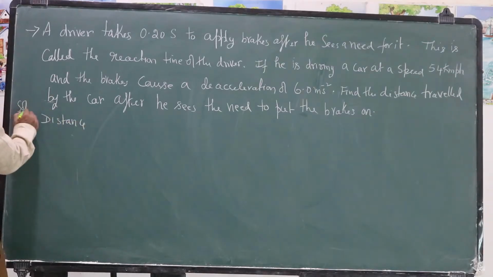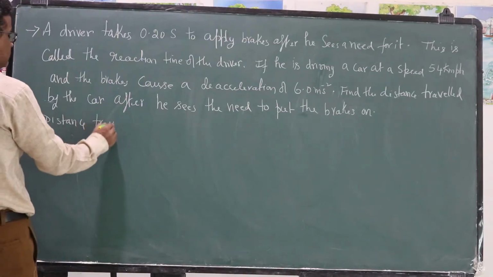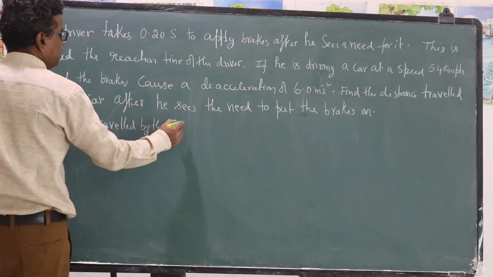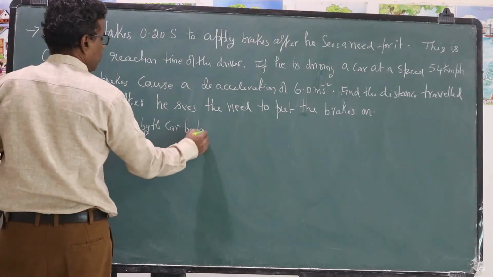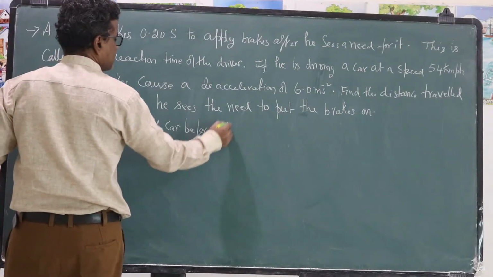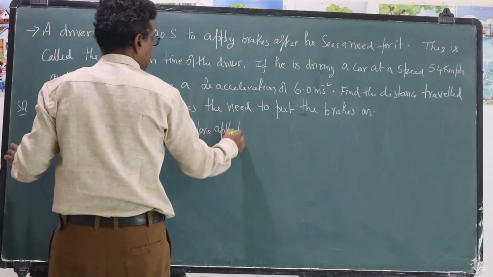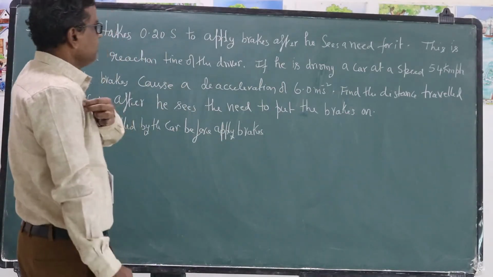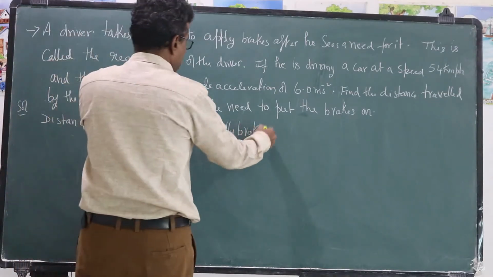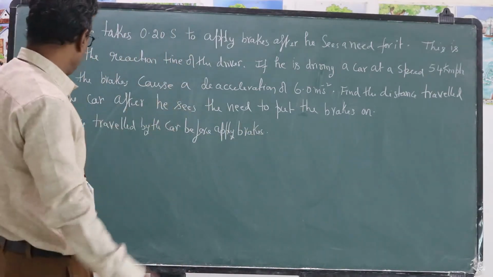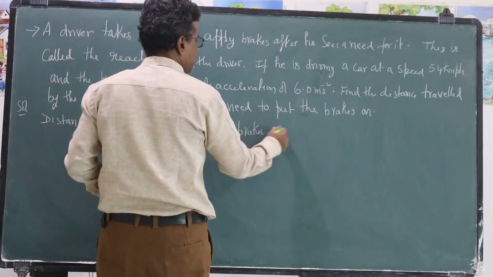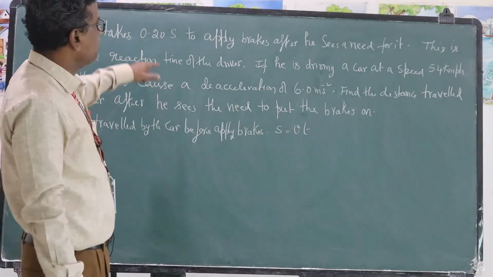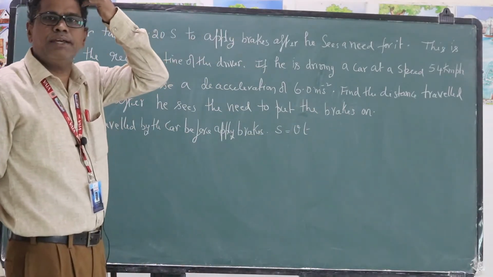Solution. Distance traveled by the car before applying the brakes. During the reaction time, the car travels a distance S equal to velocity into time, because the car is traveling with uniform speed before applying the brakes.